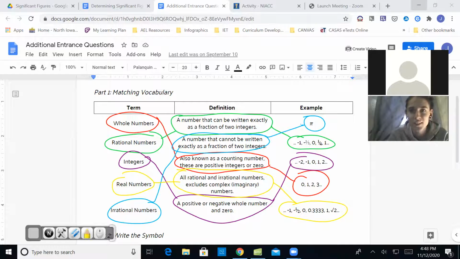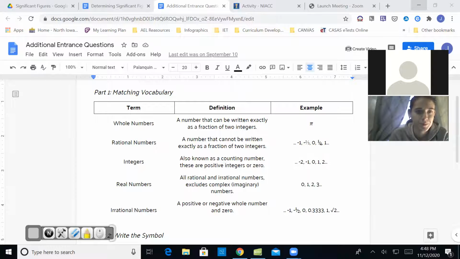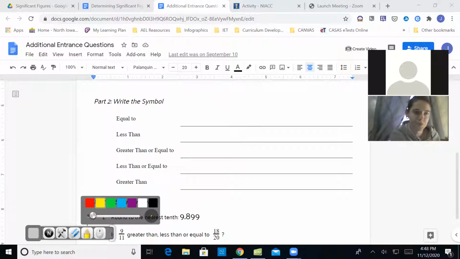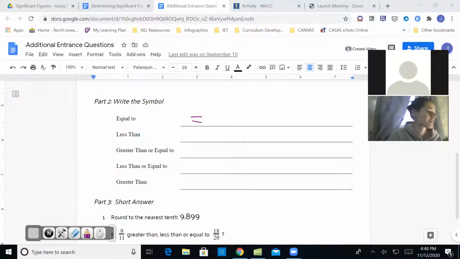All right, good. So what we're doing is we're going over the entrance questions. And there were 3 parts. We had matching vocabulary, writing the symbol, equal to. That's just our equal sign. Next one is less than. This one, the small end towards the little number.